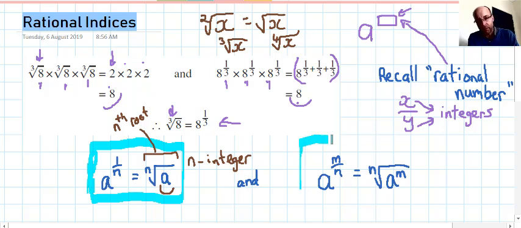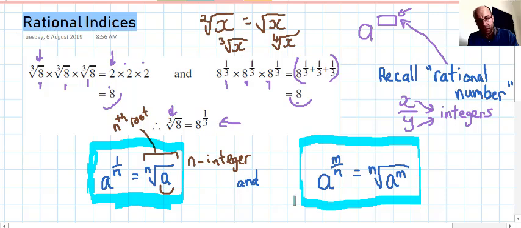The other result pretty much subsumes this one. So the second result is the king of the results for this video, at least. A to the m over n, there's your rational index, equals the nth root of a to the power m.